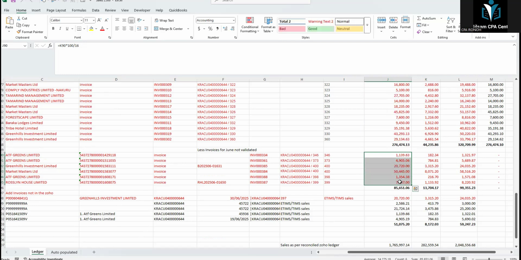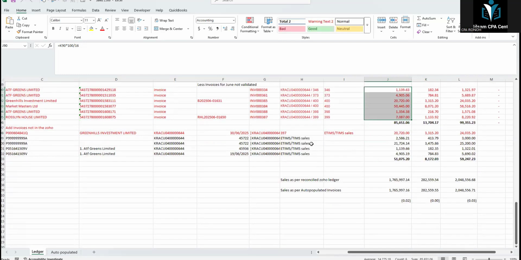That's why I subtracted. And then there are some invoices in the auto-populated but they have not been posted in the system, so you add back. If you do that, you will find your VAT for sales will reconcile, because we are reconciling using the auto-populated sales.